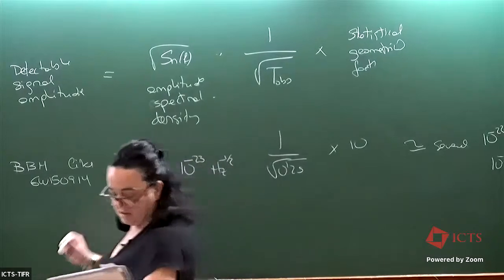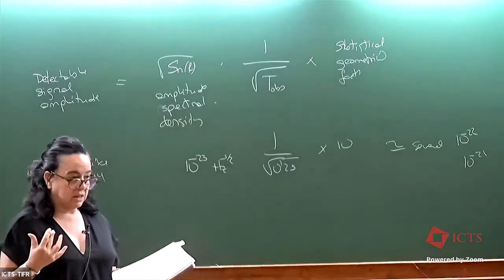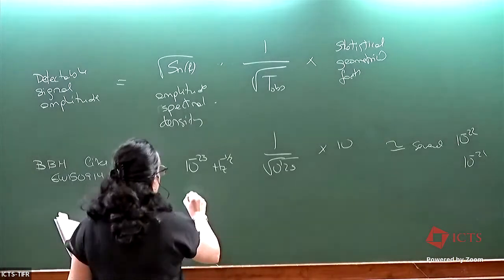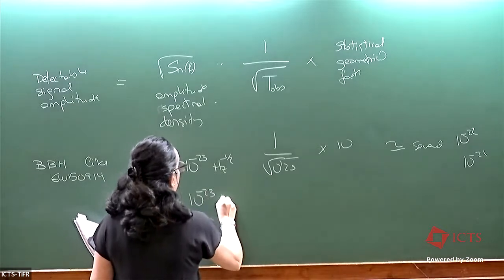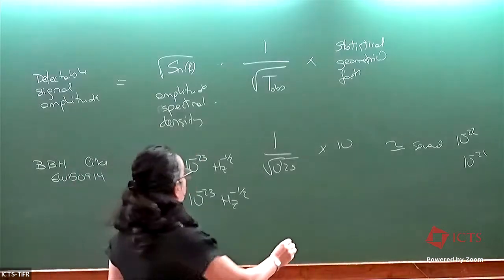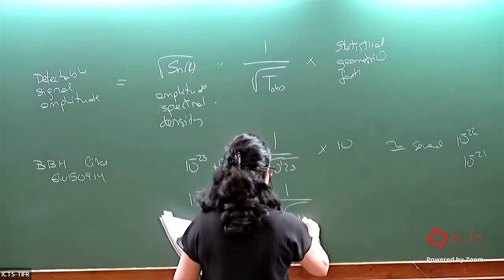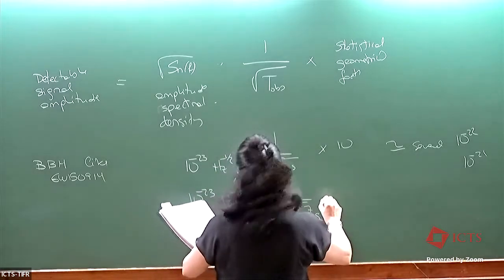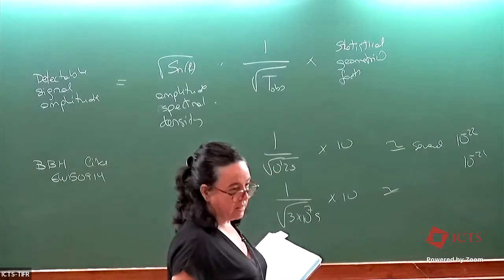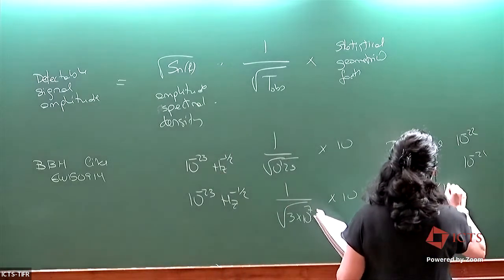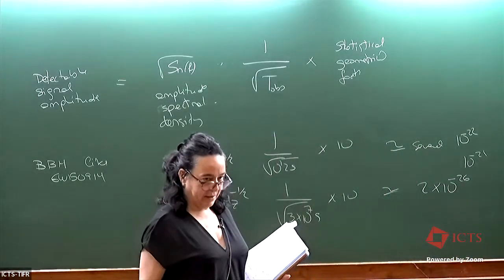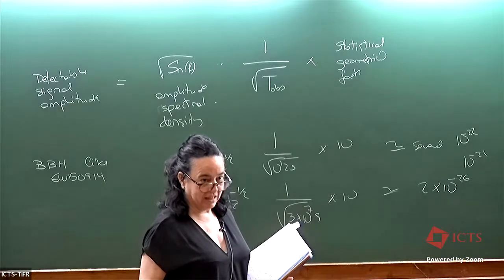If we do this kind of calculation for a known pulsar, like the ones that Keith was just mentioning, for observation times of a full year, and also putting a similar trials factor, this gives us something of the order of 2 times 10 to the minus 26. So we are able to detect much weaker signals.